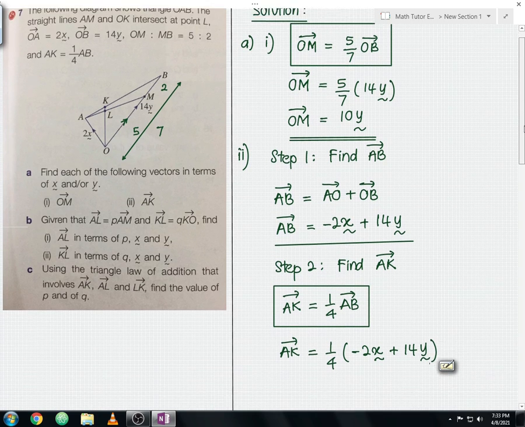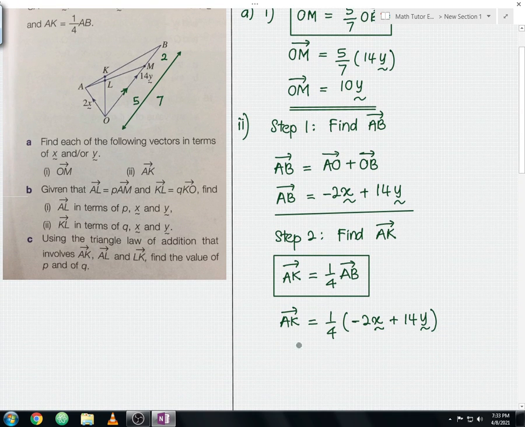So you calculate this, and you should get your vector AK is equal to negative half x plus 7 over 2 y. So this is your answer for the question A part 2. Let me underline the solution.